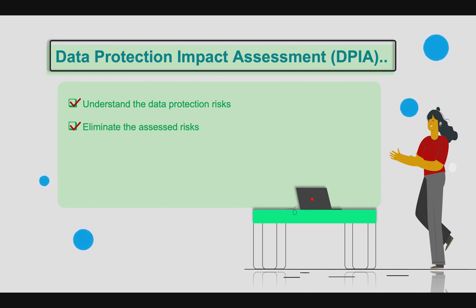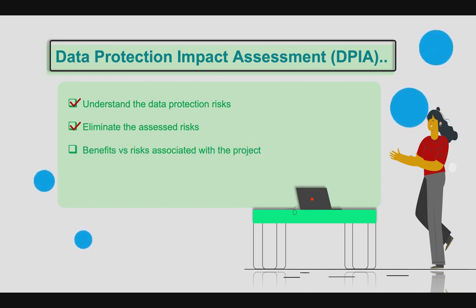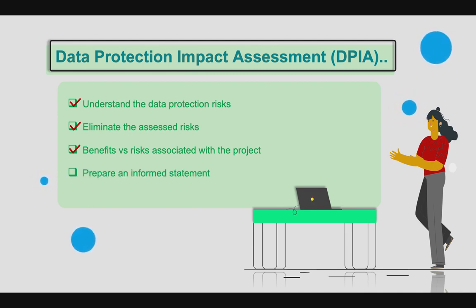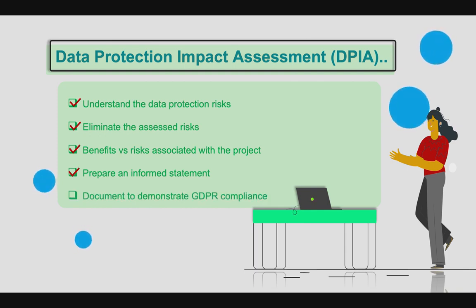Third, you can decide if the benefits of the project outweigh the data protection risks. Fourth, you can prepare an informed statement that will disclose the risks to any individuals who will be affected. And finally, you can document data protection measures to demonstrate GDPR compliance to supervisory authorities.